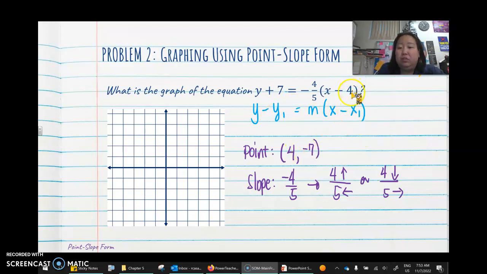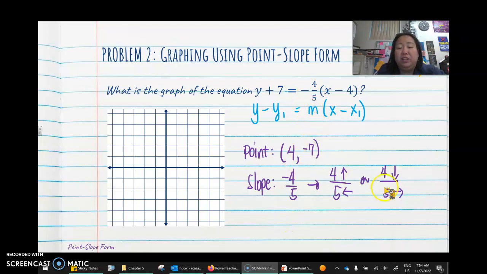Our x value is going to be 4, okay? Now, our y value is negative 7, all right? Remember, from the point slope form, it has to be y minus y sub 1. What you are given is y plus 7. So the moment that it is the opposite operation, then you will have to use the negative version of this number, okay? And then our slope is negative 4 over 5.